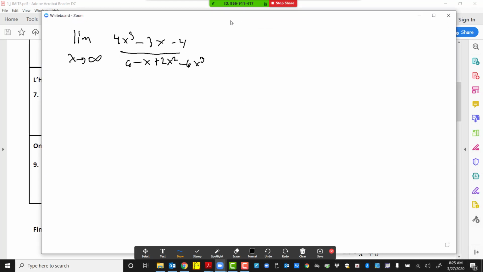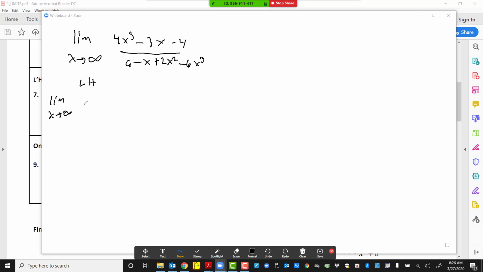Alright, 3 ways to do this. First one is the easy one, L'Hopital's. Okay, we can do this with L'Hopital's. Alright, so let's go ahead and do it just like we did it last time. We have the limit as x approaches infinity of, well, let's do it here.